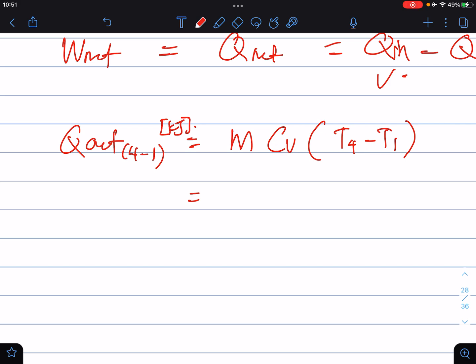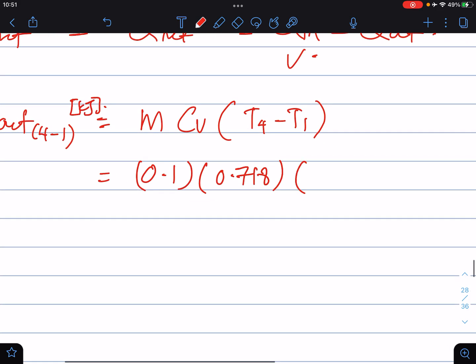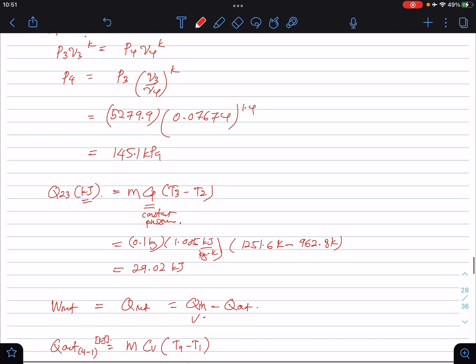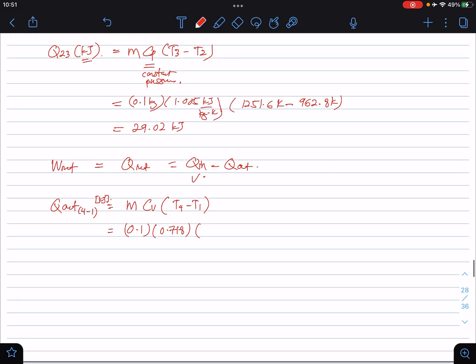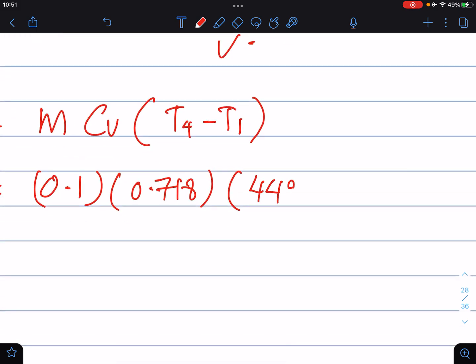Okay, now m 0.1 kg, CV is 0.718. Then your T4 just now we calculated as 448.2, sorry, minus T1 is 310 Kelvin.